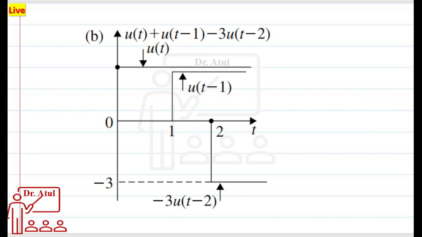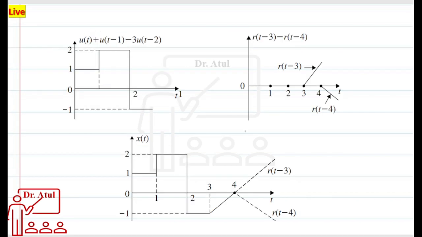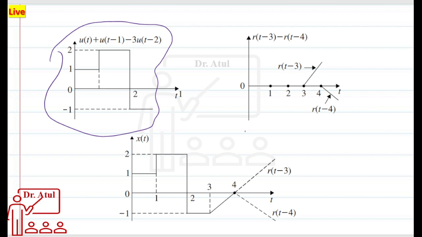Adding both will become 2 from t equal to 1, and then reducing it by 3 at t equal to 2 will result in what is shown here: u of t plus u of t minus 1 minus 3 u of t minus 2.